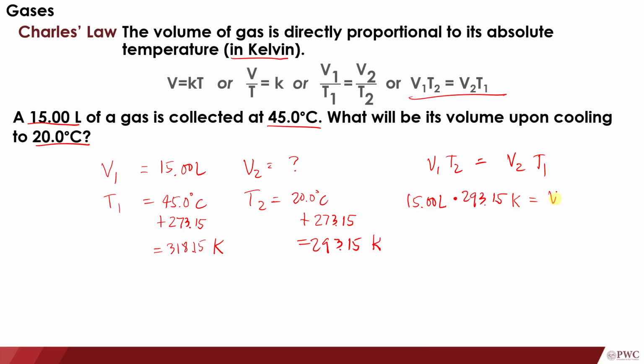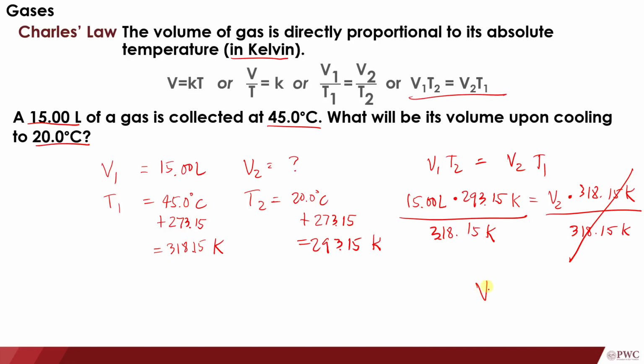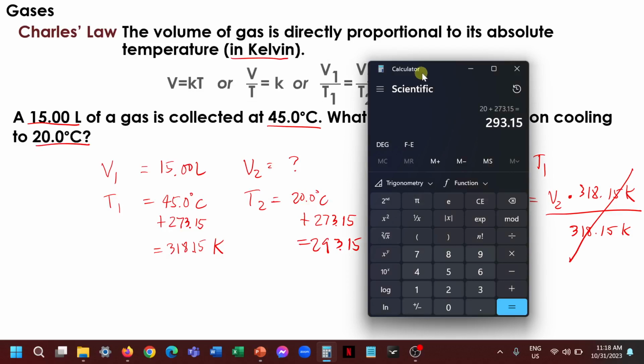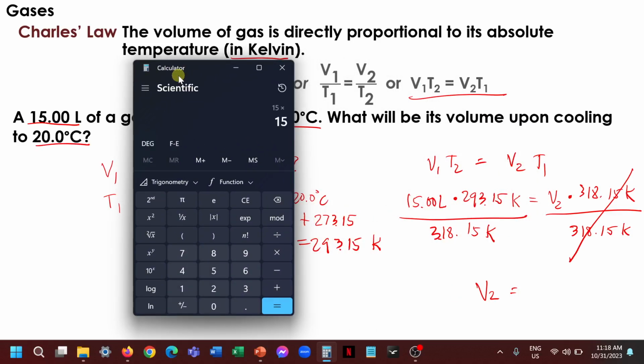Again, we're looking for V2. Then for T1, we have 318.15 Kelvin. So divide both sides by 318.15 Kelvin. Cancel this one, what's left is V2. Then just solve this: 15 times 293.15 divided by 318.15.